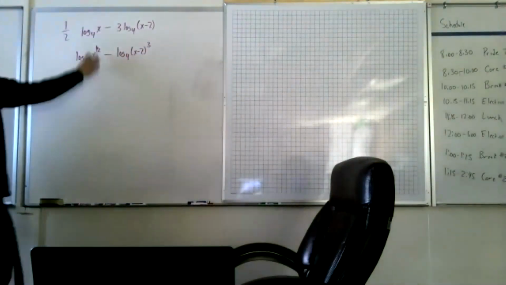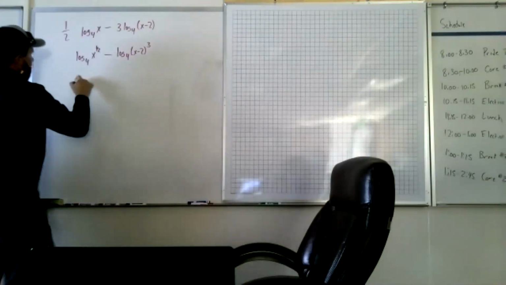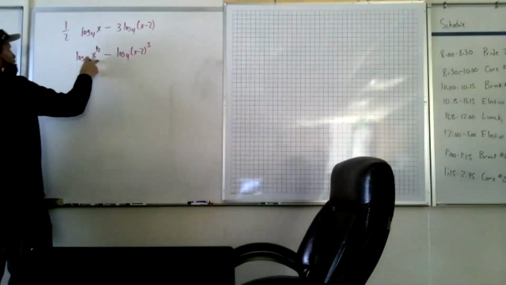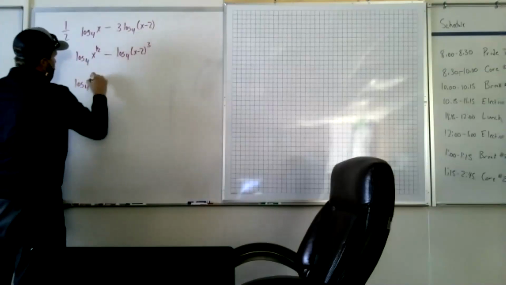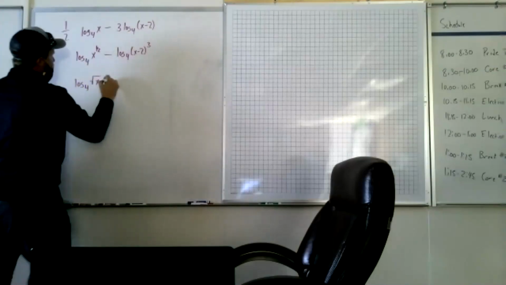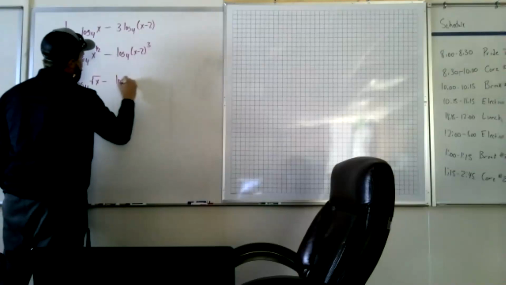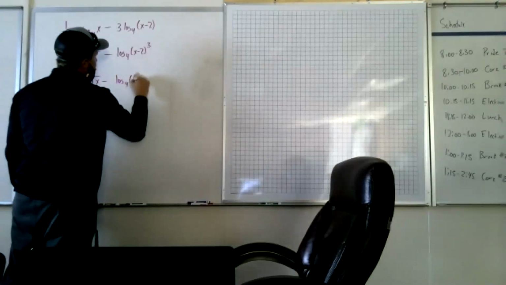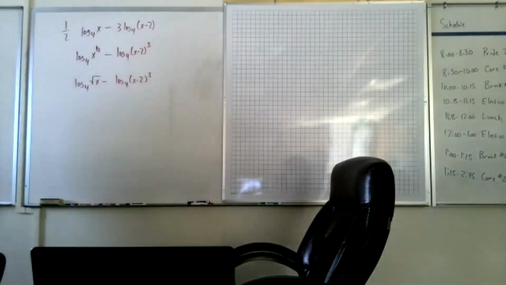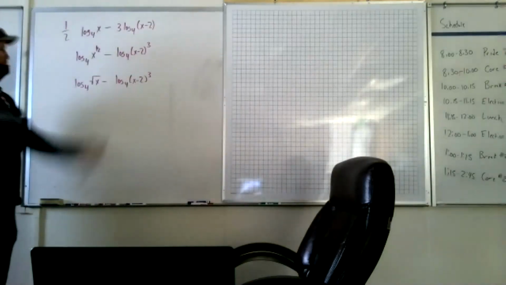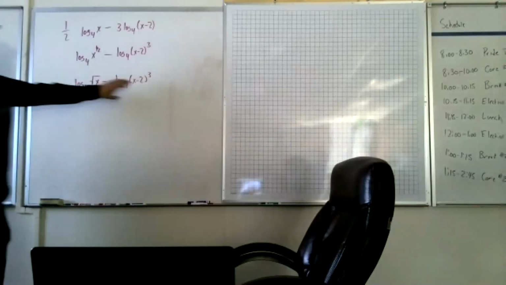Okay, now I'm going to use rational exponents to get this x to the 1/2 power back to the square root. So that's log base 4 of the square root of x minus log base 4 of (x minus 2) cubed. Last thing is to reverse the quotient property, which puts this on top of this.